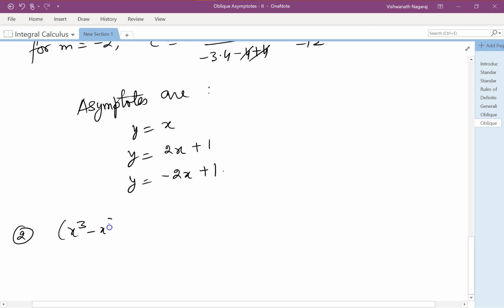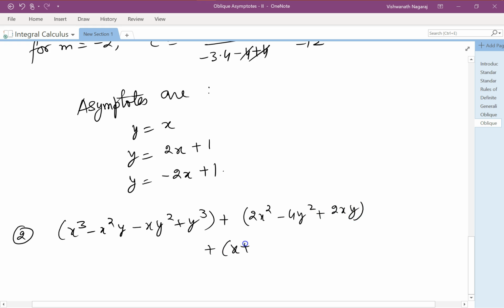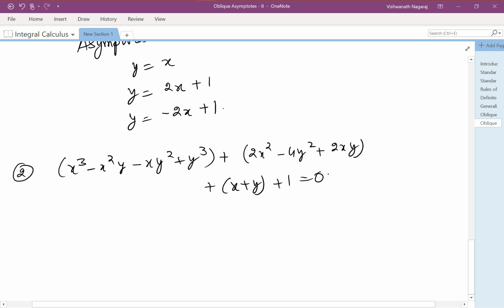Okay, let's look at the second one. x³ − x²y − xy² + y³ + 2x² − 4y² + 2xy + x + y + 1 = 0. It's already nicely grouped together. Okay, now highest power of x is x³.